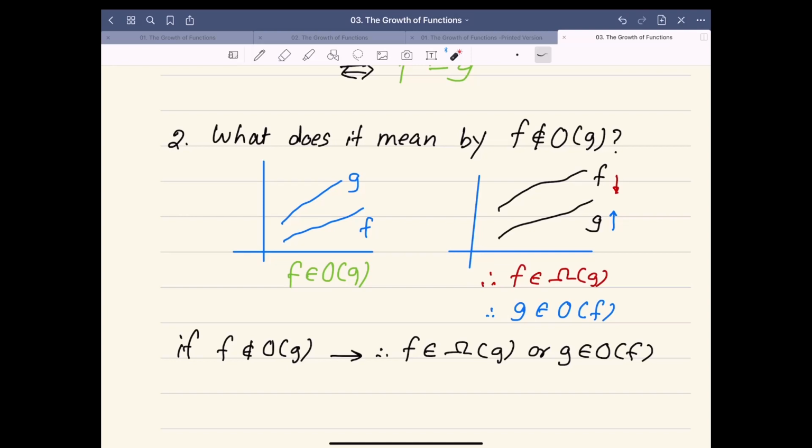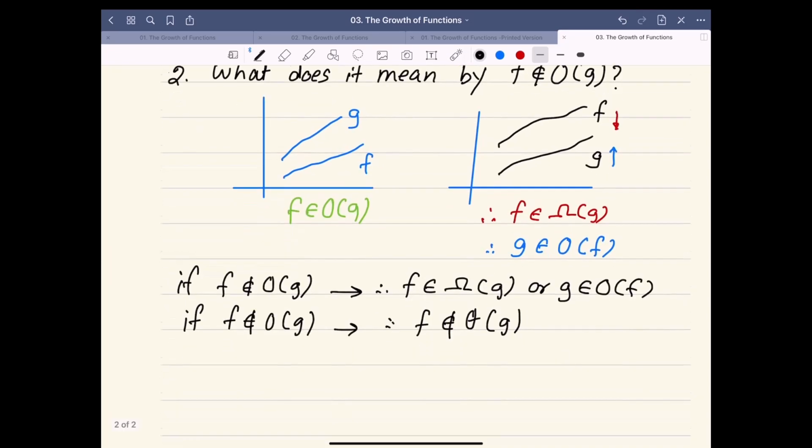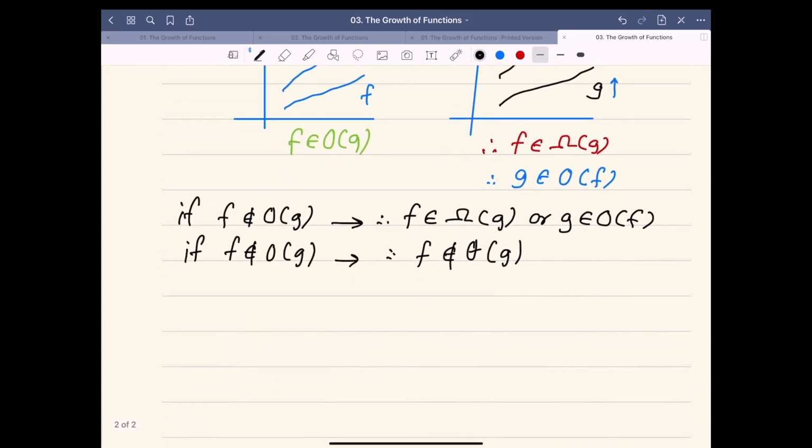In addition to this conclusion, there is another one. If f does not belong to big O of g, then f also does not belong to big theta of g, because remember that f belongs to big theta of g if it belongs to big O and at the same time big omega.